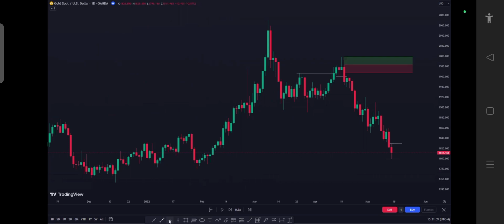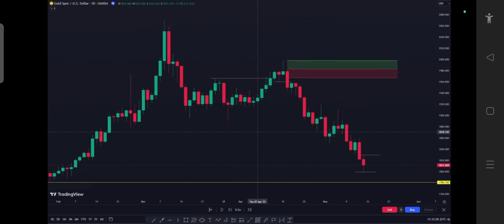So I'm just going to pick a line here. Here I have the line that will tell me where the liquidity is. So the next candle, you know what I'm thinking? Yes, still bearish.